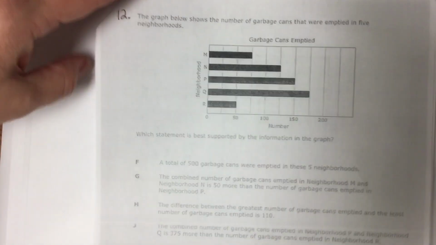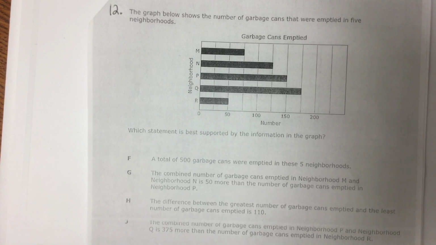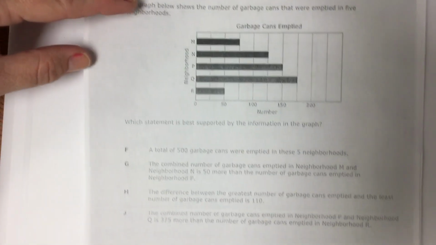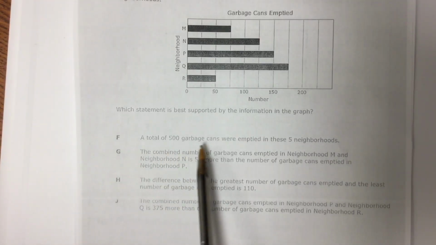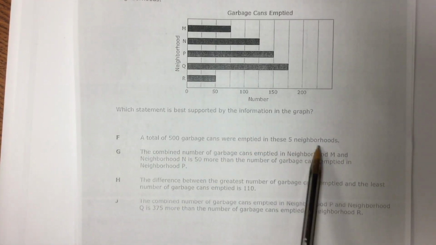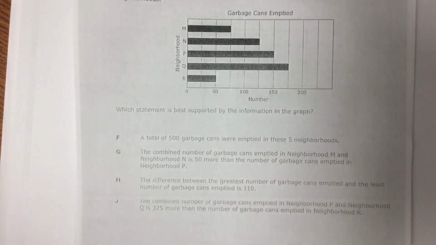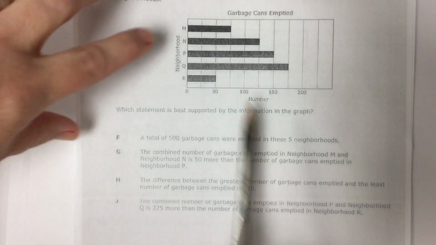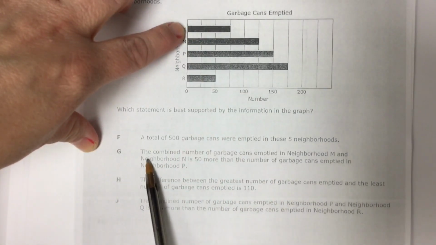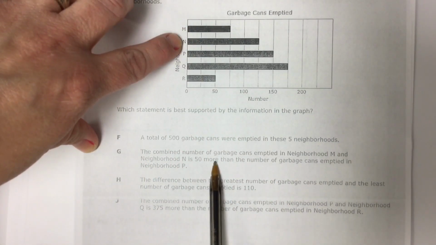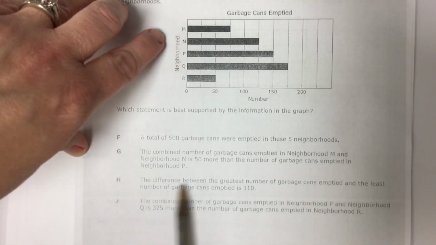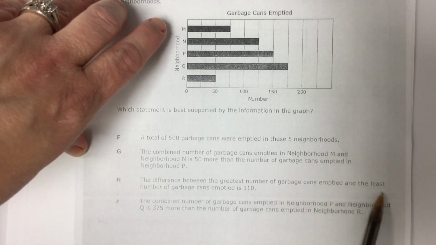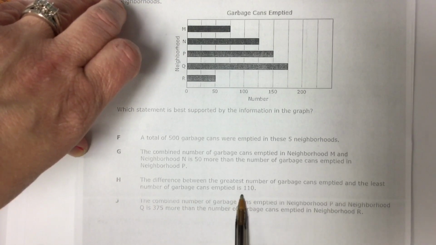All right, and the last one, the graph below shows the number of garbage cans that were emptied in 5 neighborhoods. Which statement best supports the information in the graph? A total of 500 garbage cans were emptied in the 5 neighborhoods, so you have to find the total. The combined number of garbage cans emptied in neighborhood M and neighborhood N is 50 more than the garbage cans emptied in neighborhood P. The difference between the greatest number of garbage cans emptied and the least number of garbage cans emptied is 110.